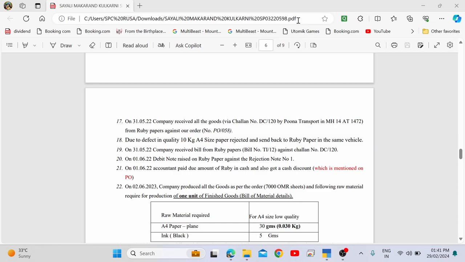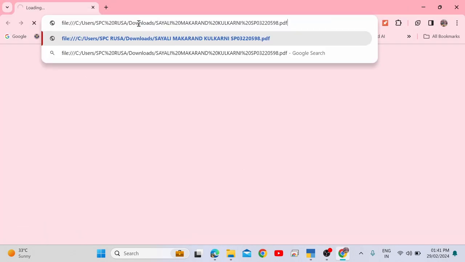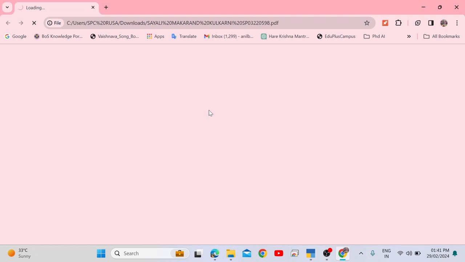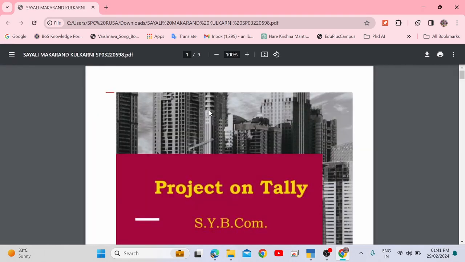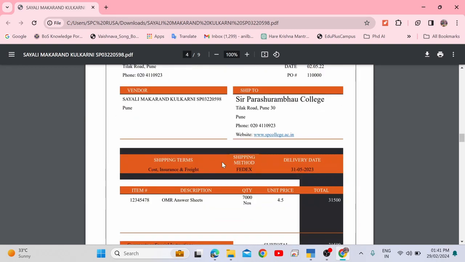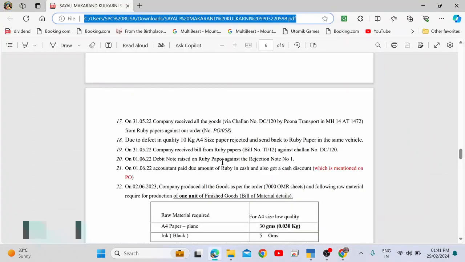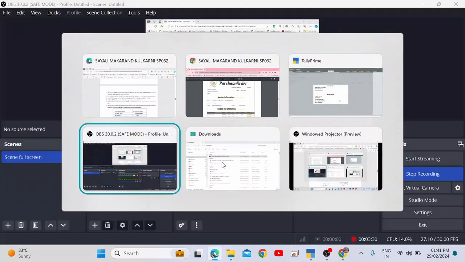The screen is mismatching. Okay, now again come back to Tally.